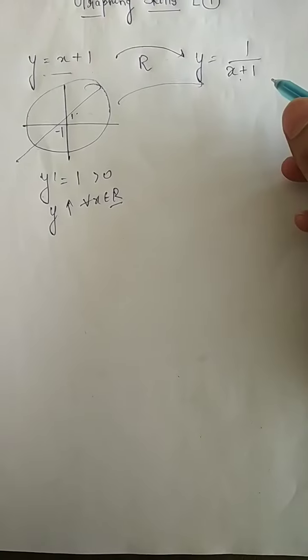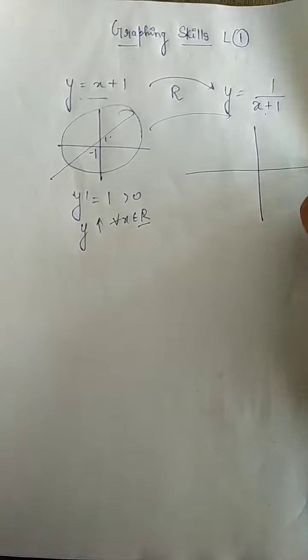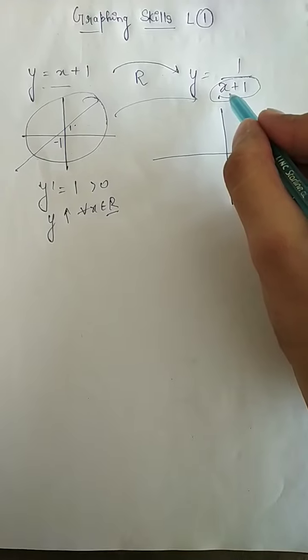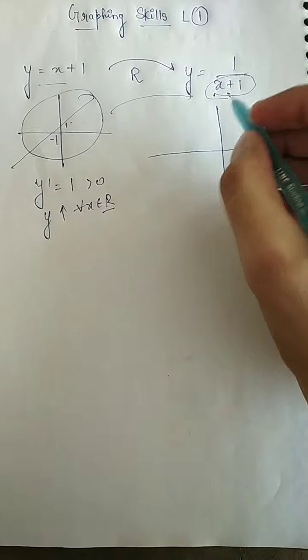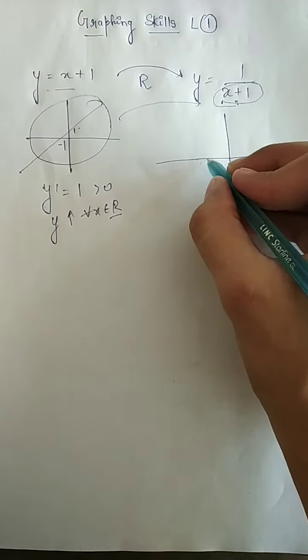And if we see this function, we have to think about some very basic things, like the denominator can never be 0. So this denominator becomes 0 at x equals minus 1.